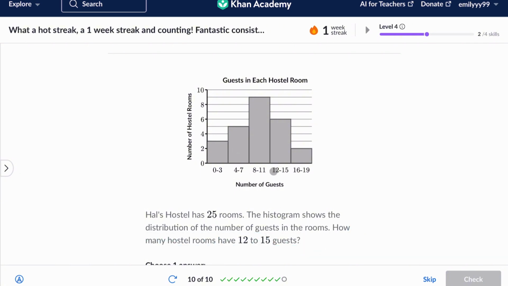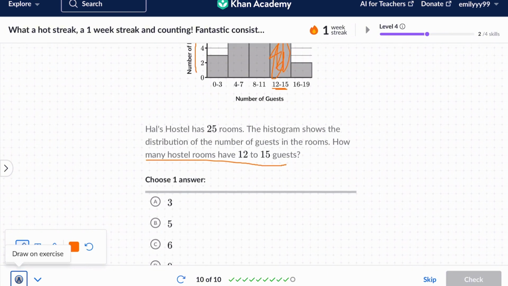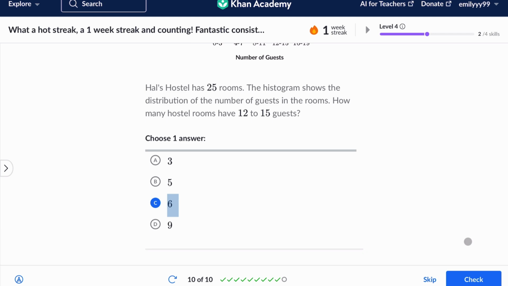Here is 12 to 15 guests right here. So we're trying to look at this bar and find the number of hostel rooms. That's going to be 6. So that's our answer, 6.